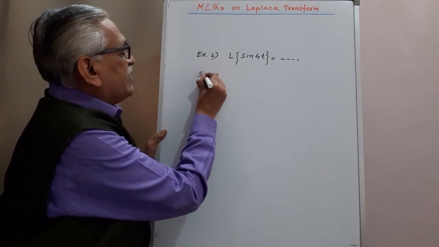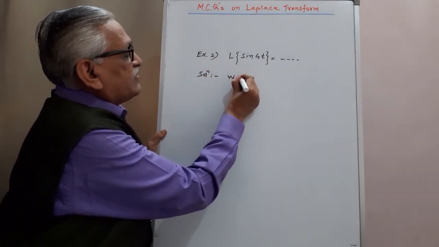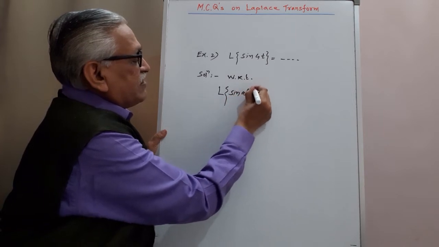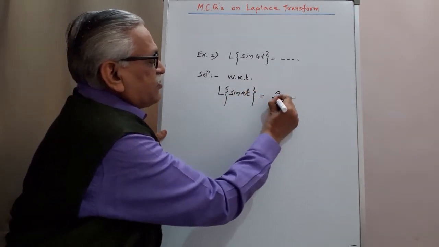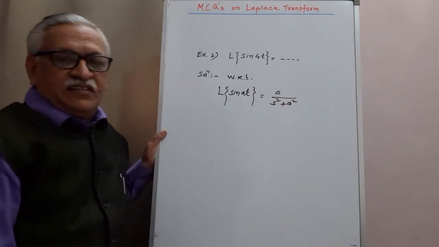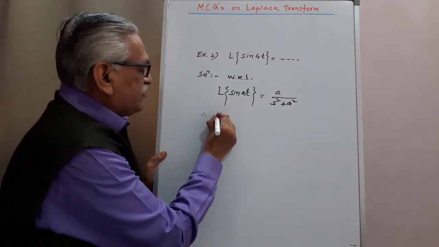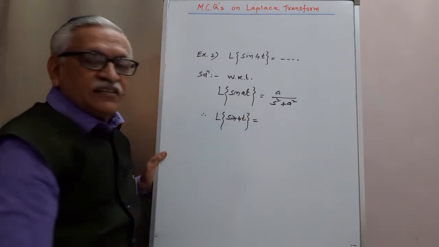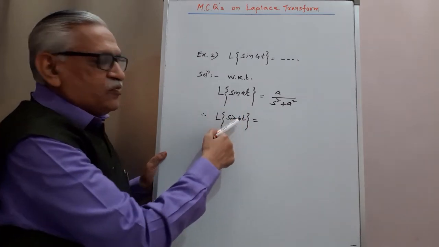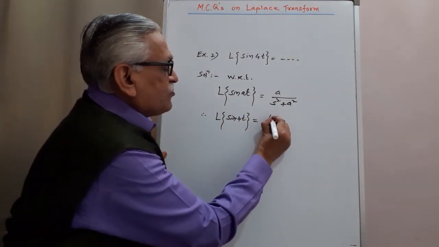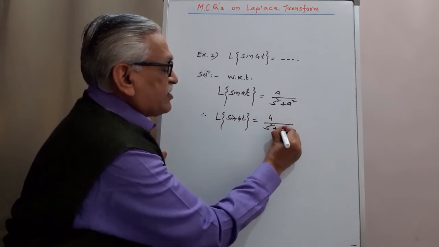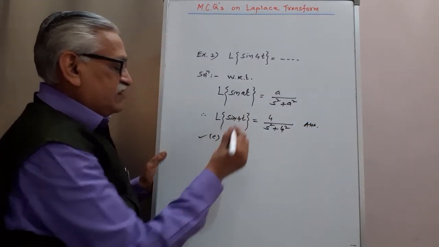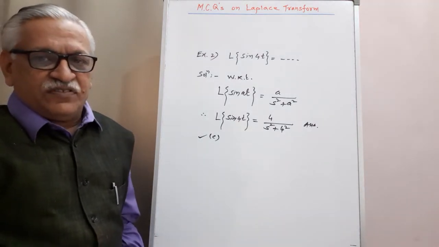And to find the answer for this, we know that Laplace transform of sine of at is a divided by s square plus a square, a standard result for the Laplace transform, and therefore applying this we get Laplace transform of sine of 4t. Comparing and getting the result, we get the value of a as 4, therefore it becomes 4 divided by s square plus 4 square as the required answer, that is option C.